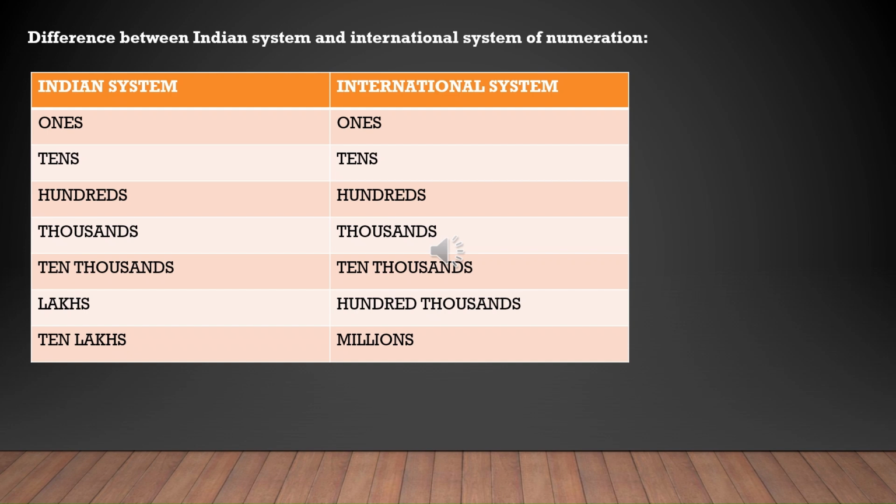In the Indian system we say lakh, whereas in the international system it is referred to as 100,000. 10 lakhs in the Indian system is 1 million in the international system. This is the difference between the Indian system and the international system.